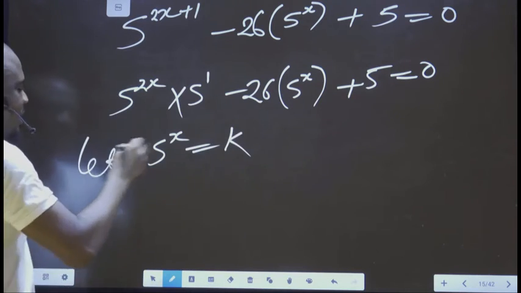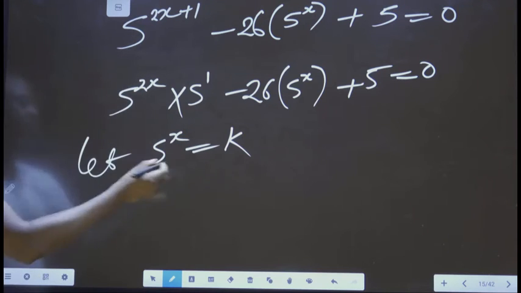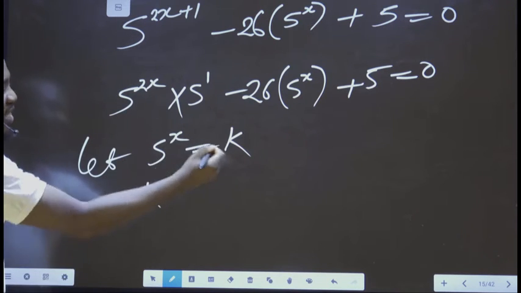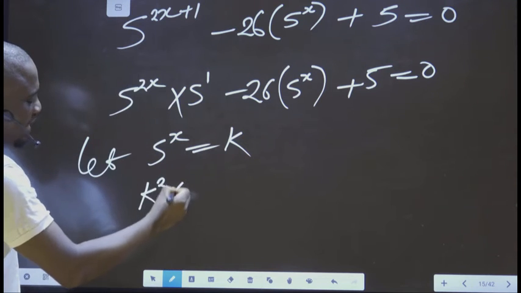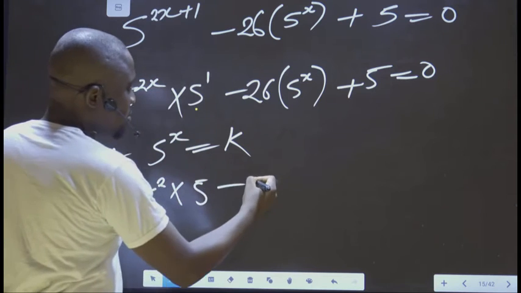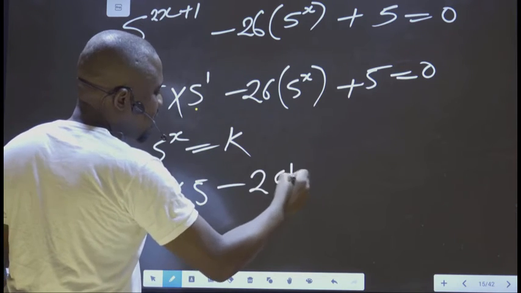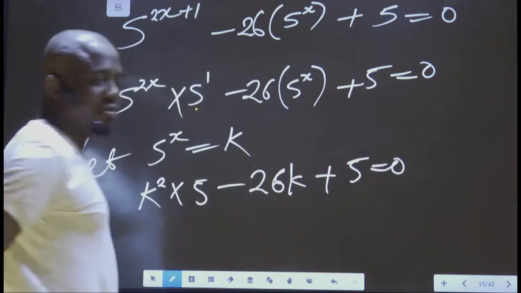So let this equal this. Therefore, if k is taking the place of 5 raised to power x, what will be remaining here will be 2 multiplied by 5. Remember, this is 5k squared minus 26k plus 5 equals to 0.